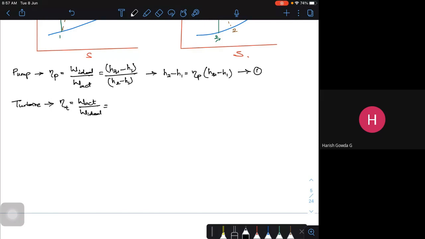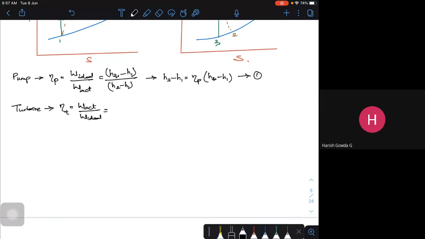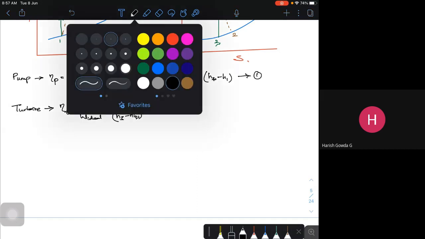The actual work will be H3 minus H4, divided by H3 minus H4S. Or what I can write is H3 minus H4 equals the turbine efficiency times (H3 minus H4S).